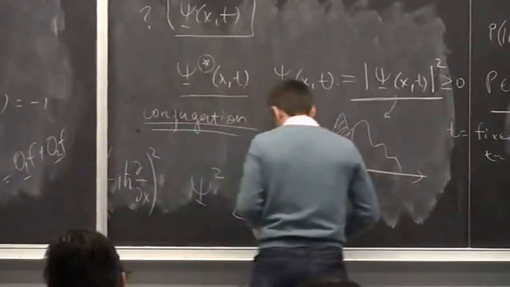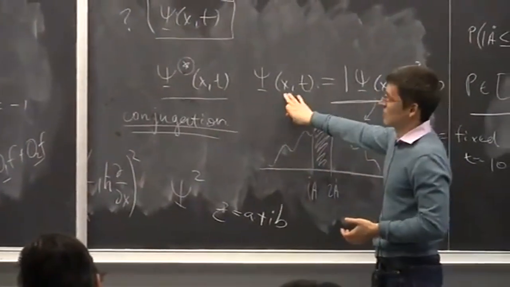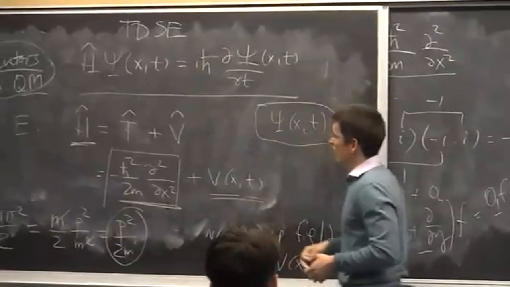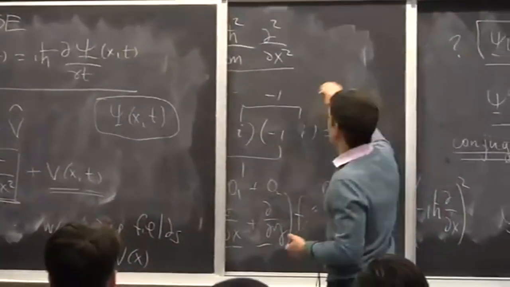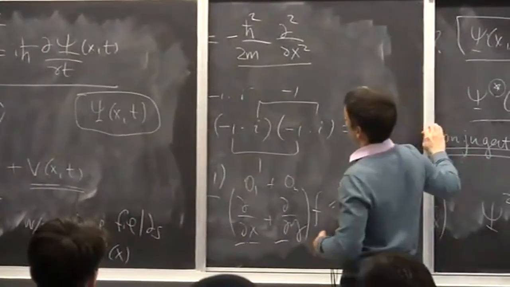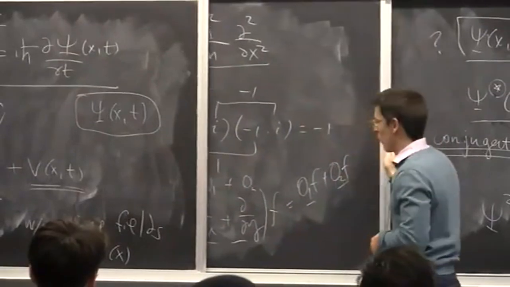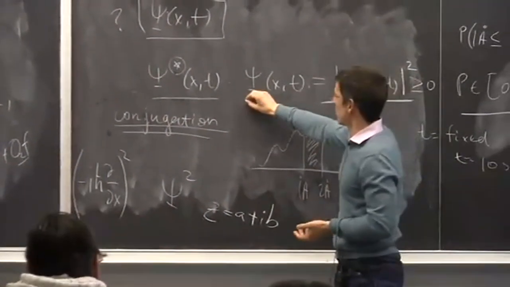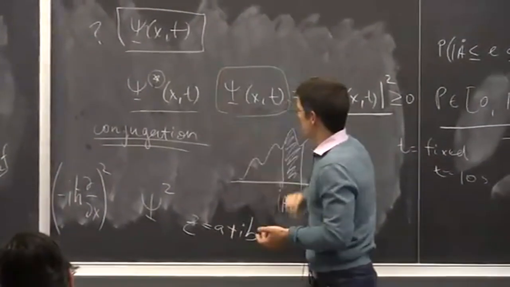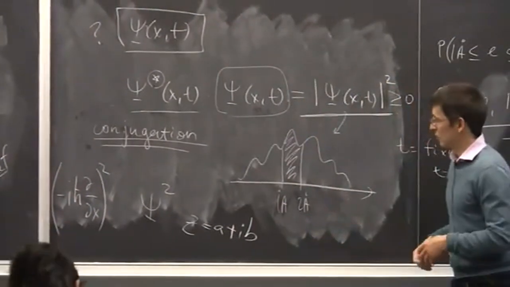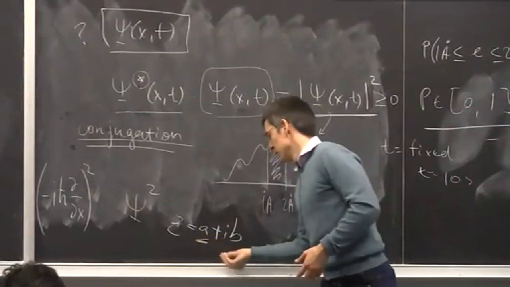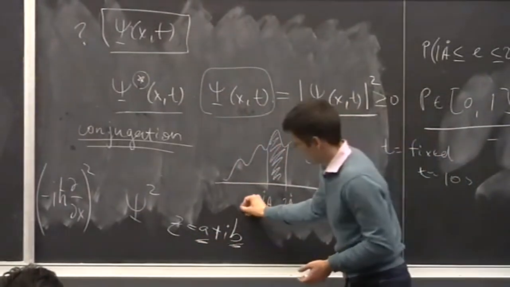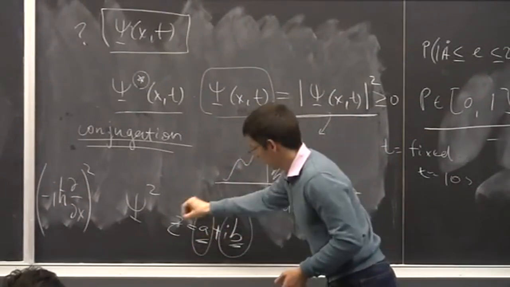It turns out the function itself, because there are i's flying around, and there was an i in the definition of the momentum operator, is in general a complex object. So it has a real part and an imaginary part. b times i is the imaginary part, and this is the real part.